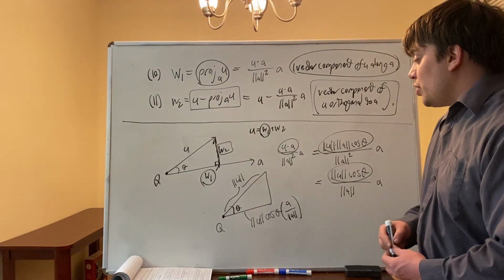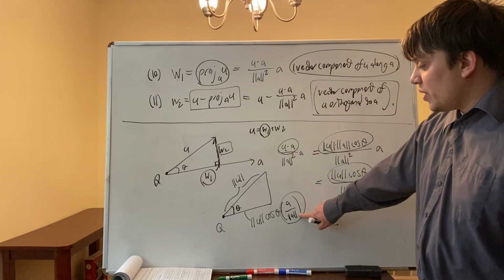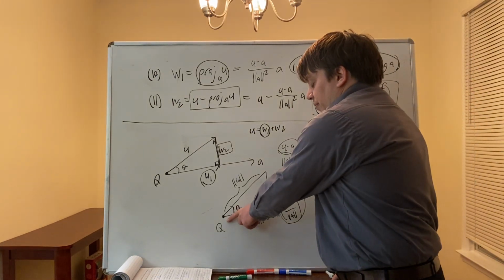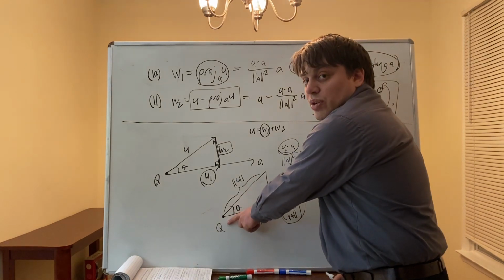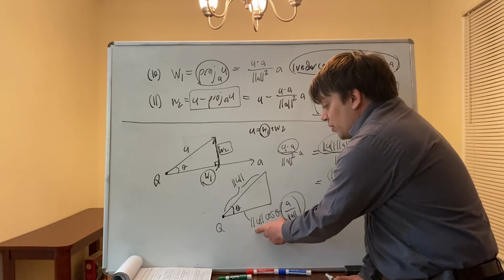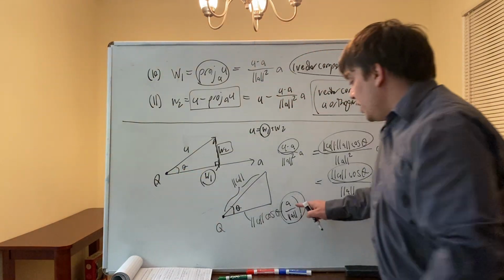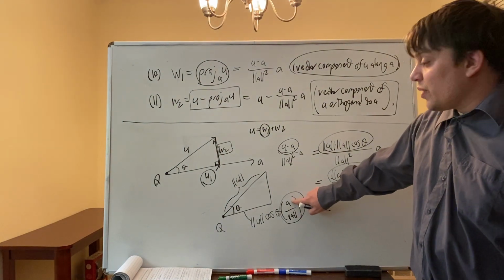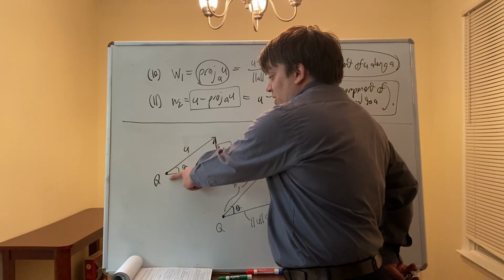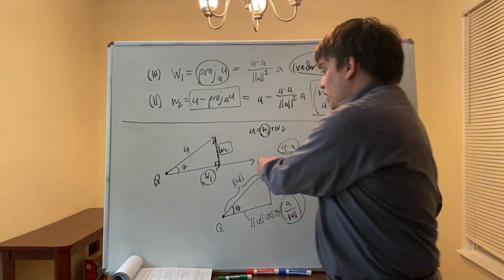So you're taking a unit vector in the direction of a and multiplying it by the length of this side of the triangle. You get a vector with the correct length to be this side of the triangle, and it's in the direction of a.